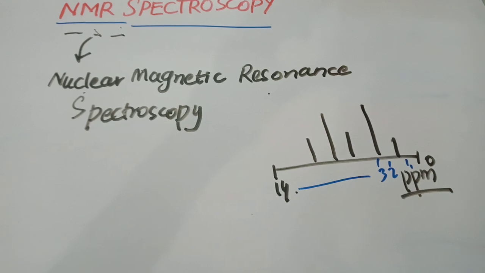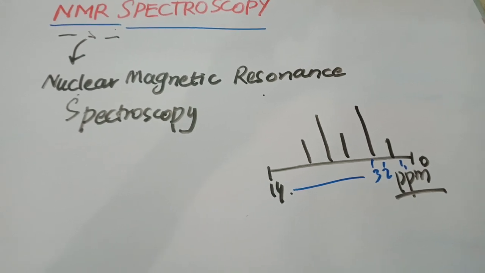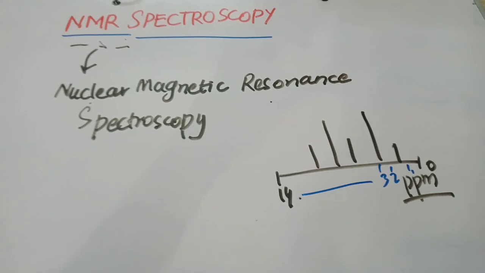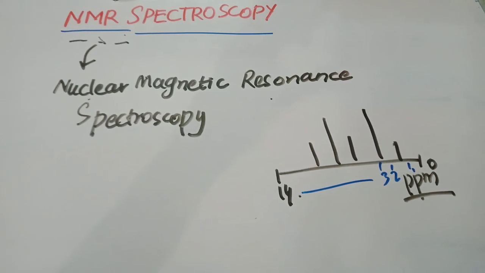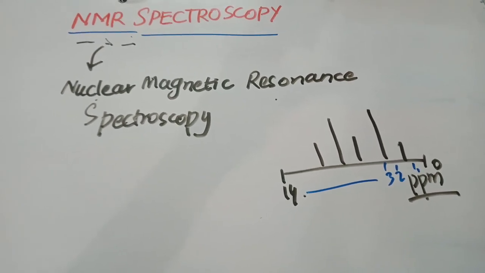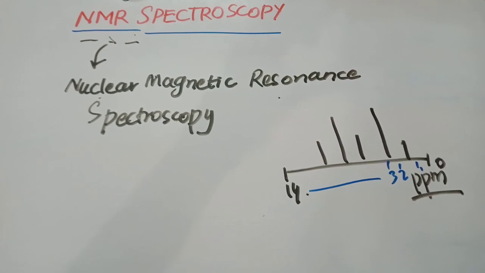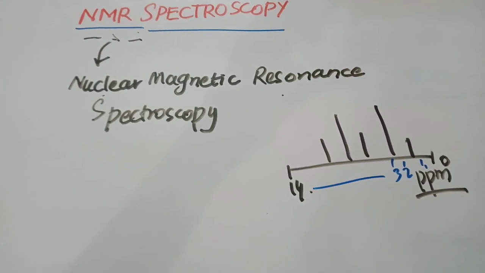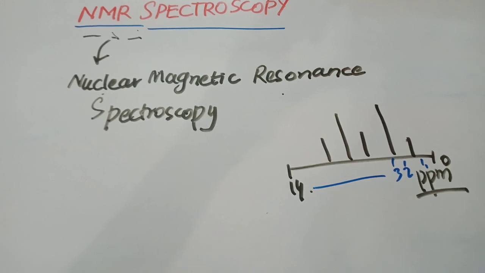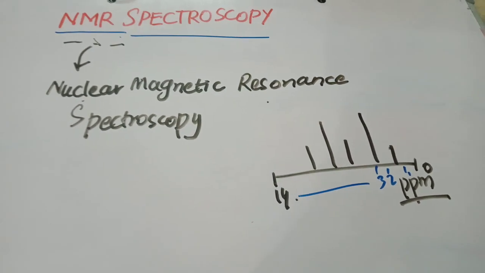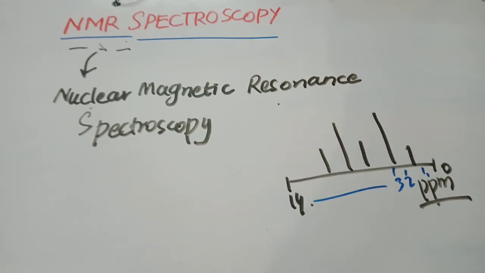We could suggest what the compound could be and how to solve the problem. So let us first see the basic introduction. I'm going to tell you the basic introduction, and then inshallah in the next videos we'll be able to see how to solve NMR problems.